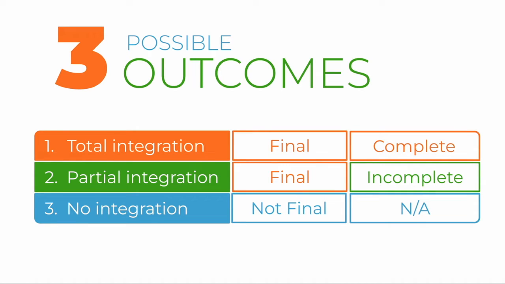And then you could have a court look at the writing and go, I don't even think this is a final expression of those terms. So maybe it's a draft of some possible writing that the parties were kicking around, but it was never intended to be a final expression of any part of their agreement. And for that reason, we're not even going to ask, is all of it there?